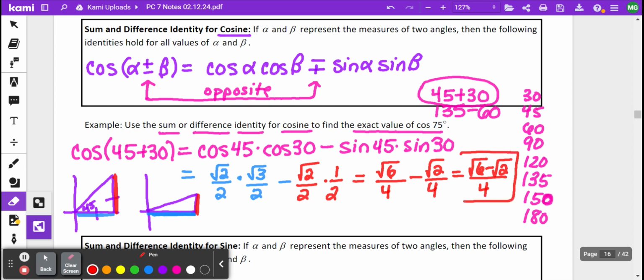That is the exact value of the cosine of 75. Now, if we chose to use 135 and 60 and subtracted, we would have gotten the same answer. Absolutely would have gotten the same answer. So that's a pretty straightforward formula.